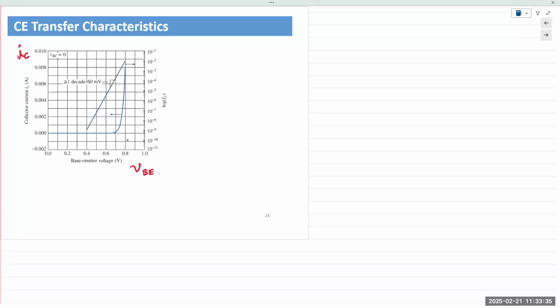Transfer characteristics: output current as a function of the input voltage. What do you see here? Similar to diode characteristics. Yeah, it's similar to a diode characteristic.